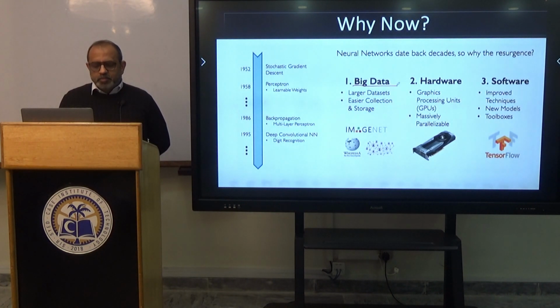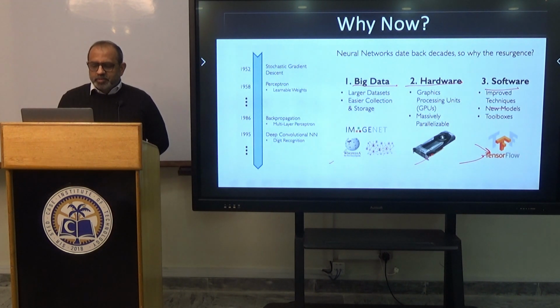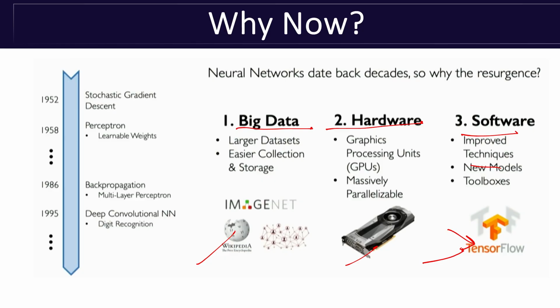Just a humongous amount of data, enormous amount of resources, and the software tools which are free of cost like TensorFlow. So you have this available, you have all the models available. Honestly, AI is just becoming a commodity, because you just take a model and use it.